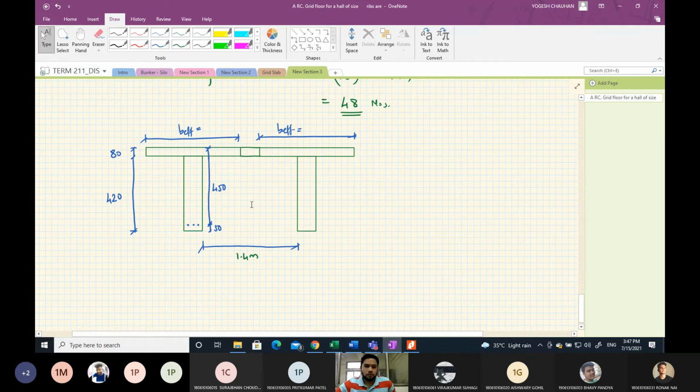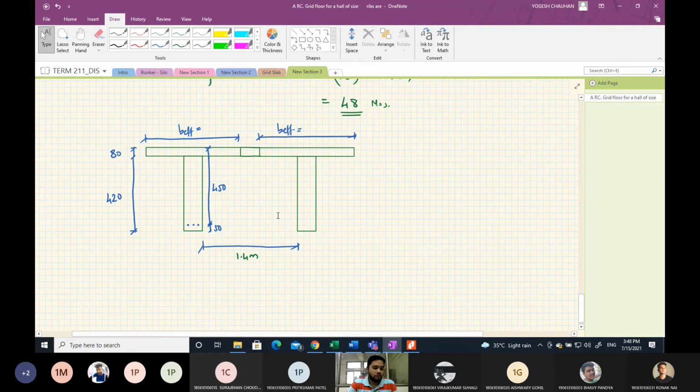So we stop here, and in the next class we'll find the loads on these rib beams, and then we'll use the Rankine-Grashoff method to find the moment shared by beams in both the directions.